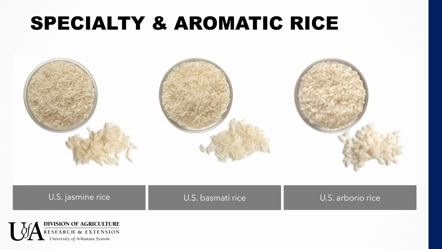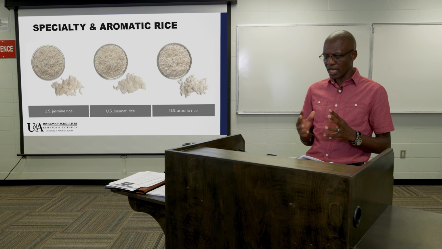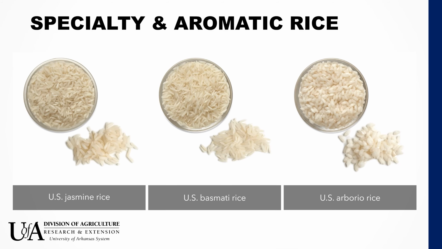Cooked jasmine are often soft, they are moist, they cling together. Because of that characteristic, they form a major ingredient of Thai cuisine and can also be swapped for any recipe that is looking for long-grain rice. In terms of growing location, they can be grown in Arkansas, California, Louisiana, Missouri, and Texas.